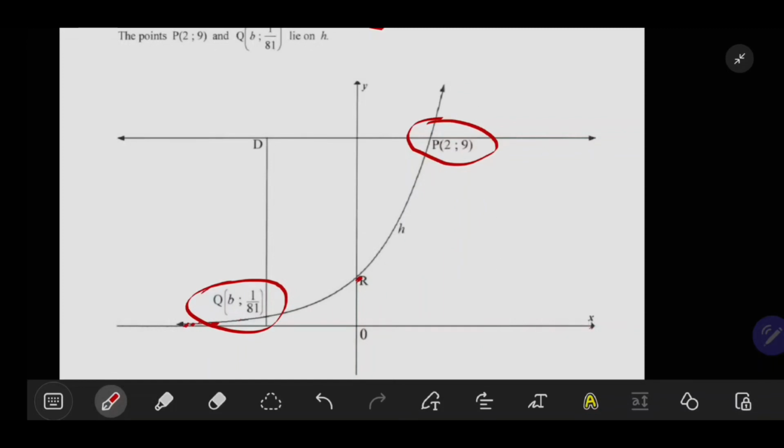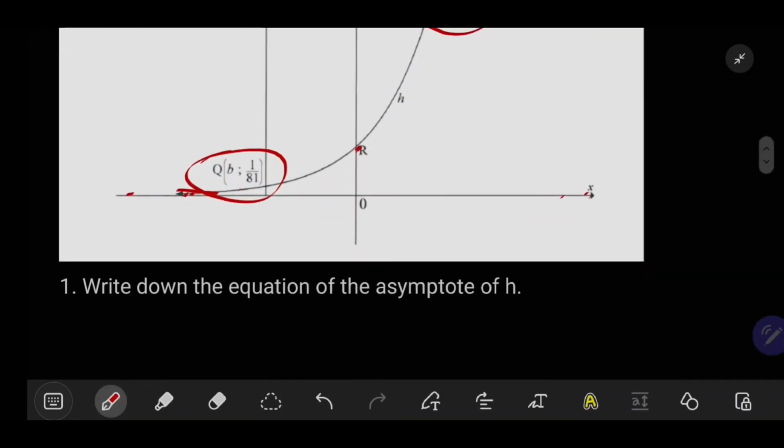So the asymptote for this is the x-axis, because you can see that it is approaching the x-axis, but it's not going past the x-axis. On the x-axis, every y value is equal to 0. So our equation of the asymptote will be y is equal to 0, just like that.